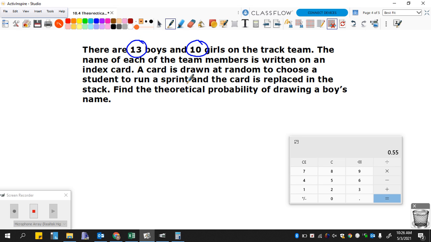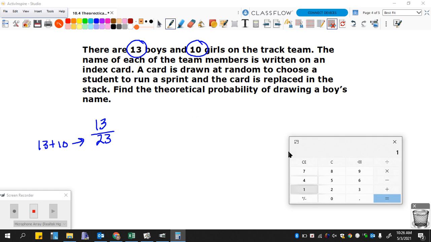That means there are 23, that's the 13 plus 10. So there are 23 people on the track team, and there are 13 boys. So the theoretical probability of drawing a boy's name is 13 out of 23.